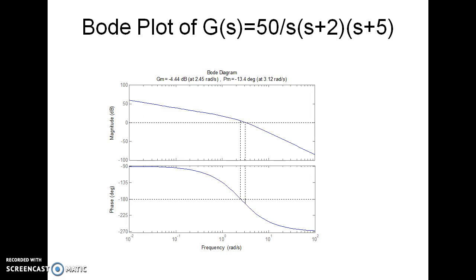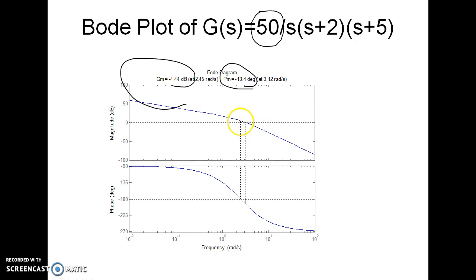Similarly, in a third case, I have taken a gain of 50. We had seen already that at the gain of 30, the system was marginally stable, and we have increased the gain of the system still further to 50. In this case, you see that the gain margin and phase margin are negative.